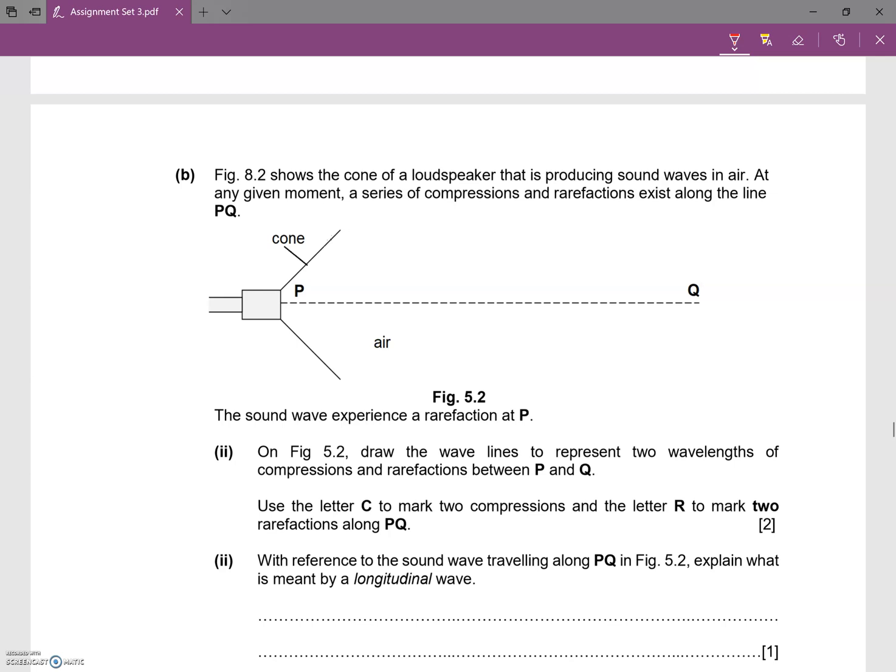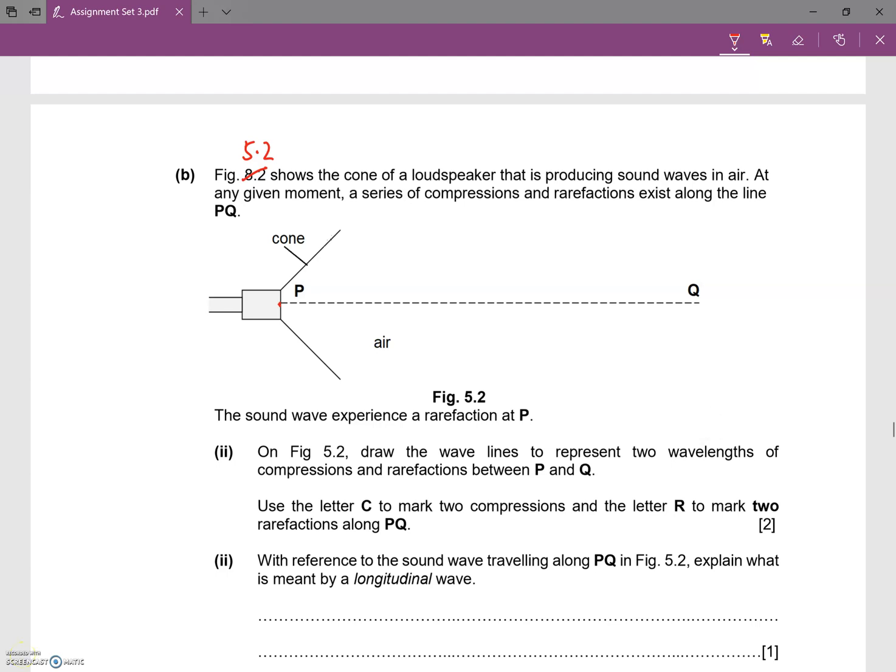The sound wave experiences a rarefaction at P, so at P it starts off with a rarefaction. On figure 5.2, draw the wave lines to represent two wavelengths of compression and rarefaction between P and Q.